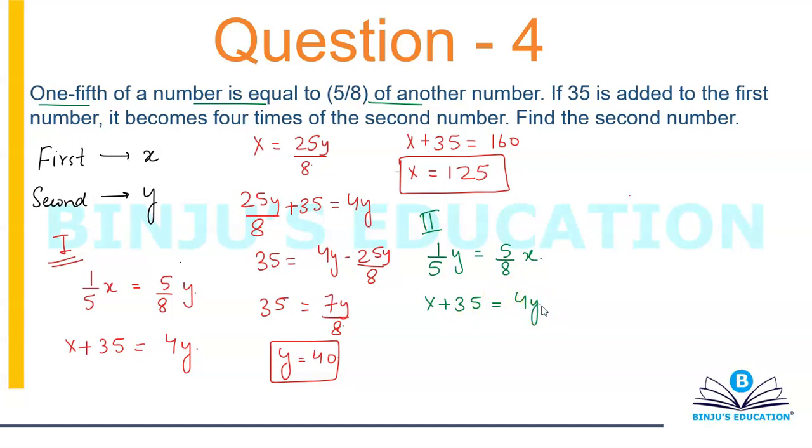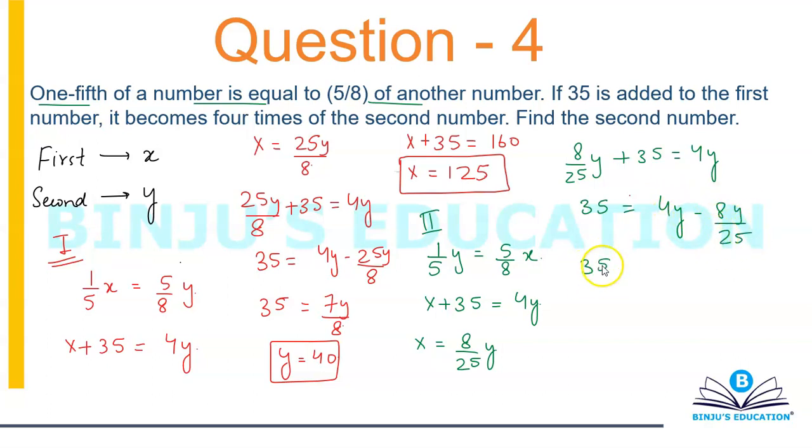From the first one, I can say x will be equal to 8/25y. Let me just check my calculation. 8 goes up, 5 comes down. So yes, x is equal to 8/25y. So I have 8/25y plus 35 is equal to 4y, so 35 is equal to 4y minus 8y/25.